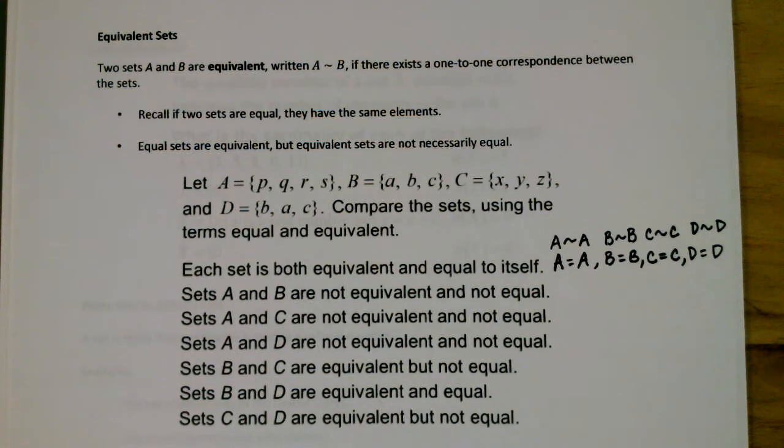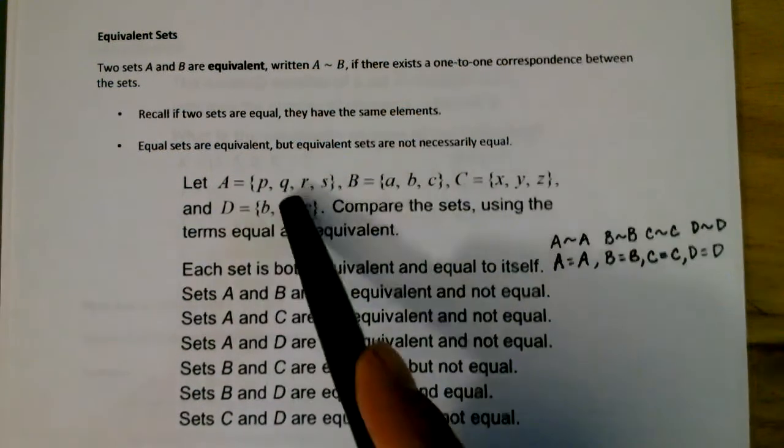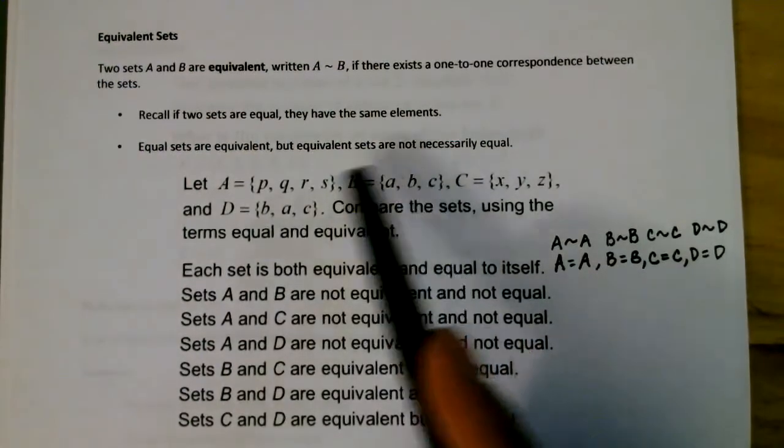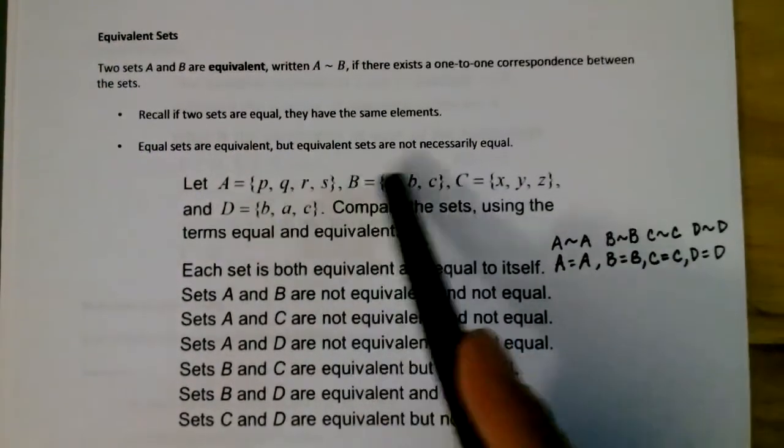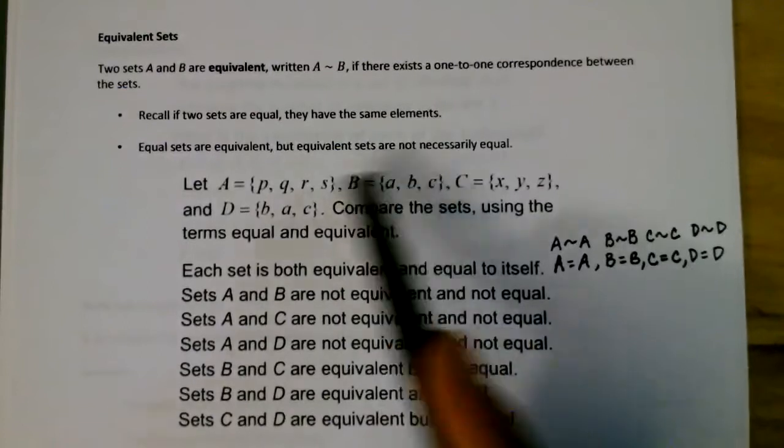Now, sets A and B are not equivalent and not equal. Here's A and here's B. As you can see, they're not equal because A and B have different elements here.